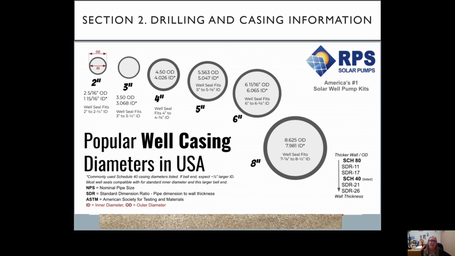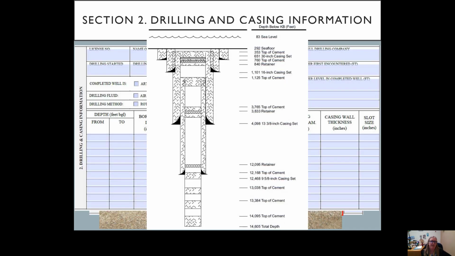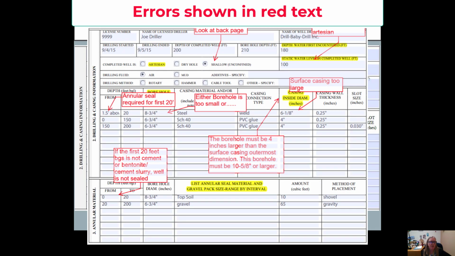If the driller is using couplers, you must include the diameter of the coupler as well. And so the borehole diameter for the first 20 feet, and we're talking from 0 ground surface to 20 feet below ground surface, that's where the 4-inch larger requirement comes in.